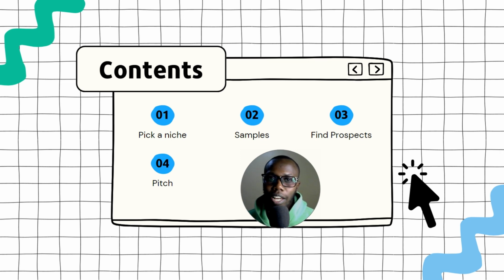Why you should not rely on them to find work, especially if you're new, and what you should do instead. Inside that, we'll talk about how to pick a niche, how to write samples, how to find prospects, and of course how to pitch your services.